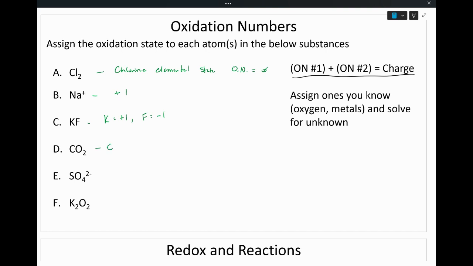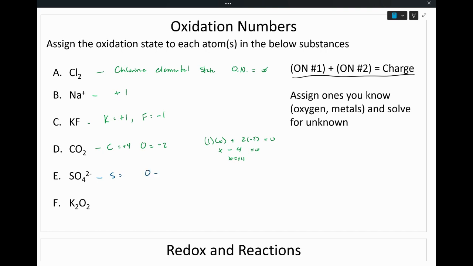CO2. C, we're not sure of, so then we go to O. We know that O is a -2. And then there's a single carbon of unknown oxidation state plus 2 oxygens with a -2 oxidation state equals 0. X minus 4 equals 0. X equals +4. So we say C is equal to +4. Now we'll go down to sulfur, unknown charge. We'll go over to oxygen.